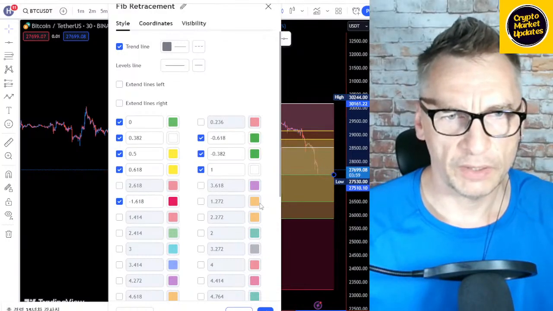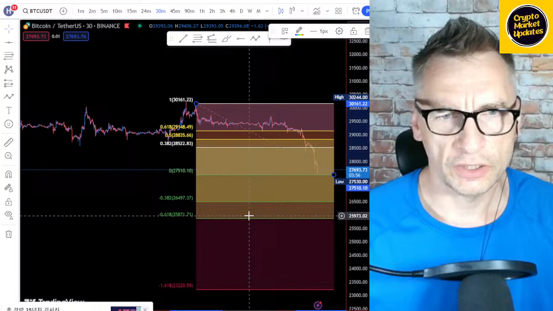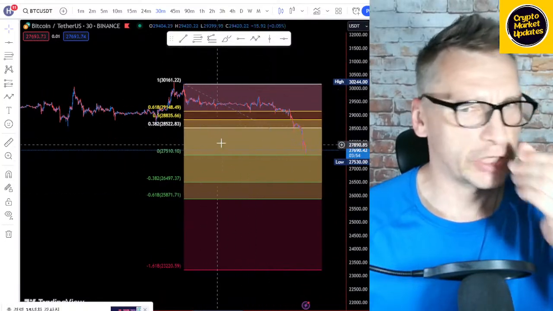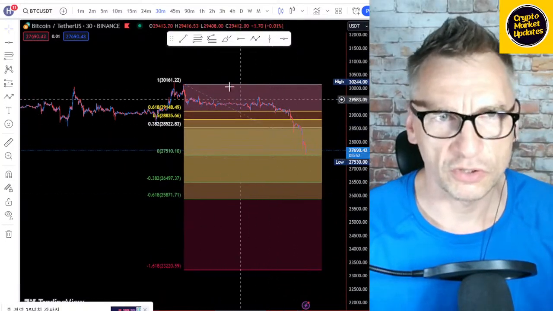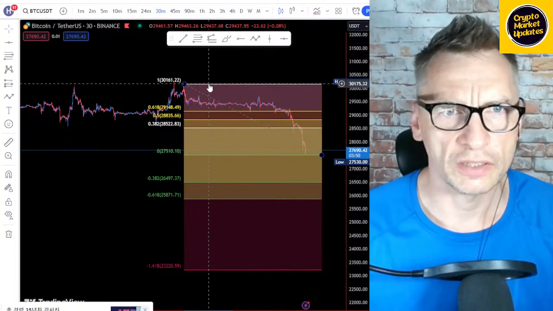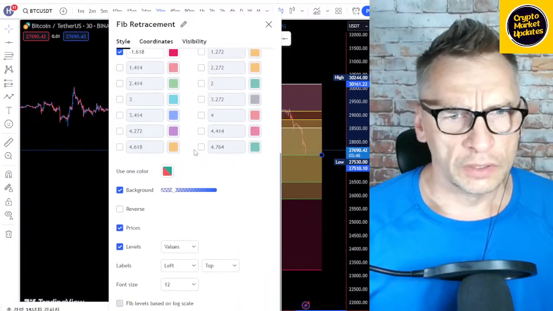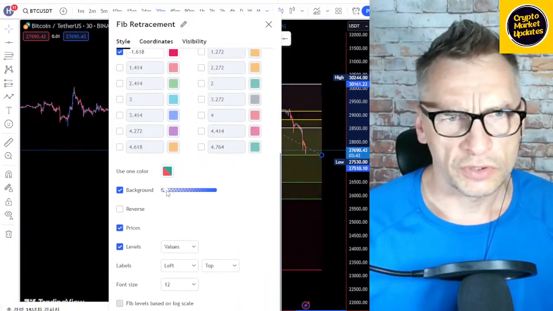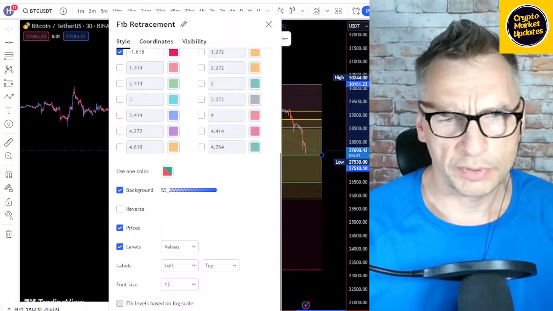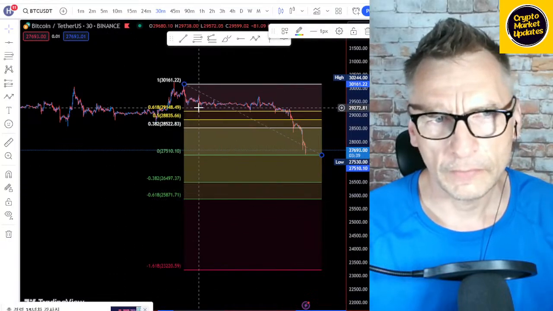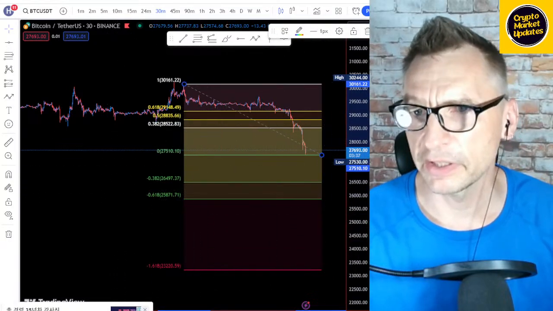TMA fib. Okay, and here it is. You could also change the background shading if it's too much. You can change that by simply going here to background and making it less prominent.